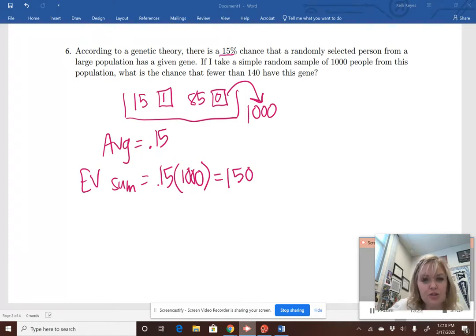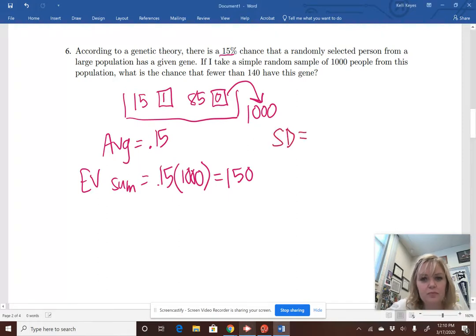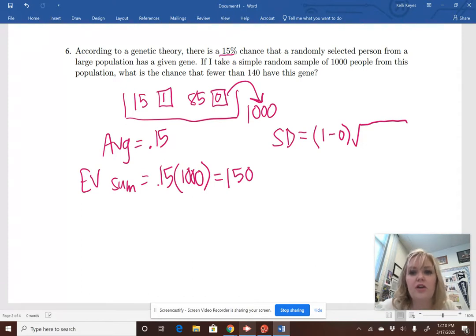SD shortcut. So the SD shortcut should be the large number on the tickets minus the small number. So here it would just be the 1 minus the 0, which is just 1, and then times the fraction of each of them in the box. So you can do the fraction or you can do the decimal.